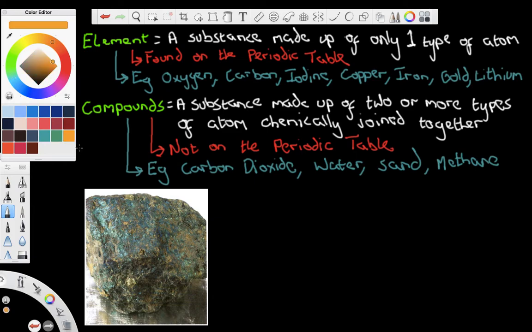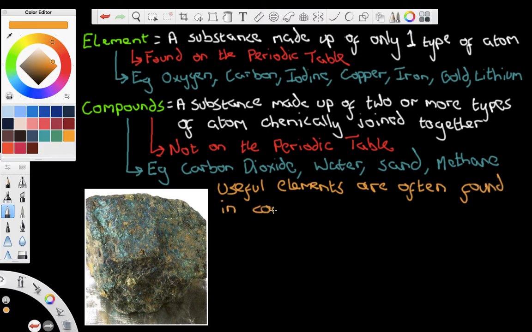So we can say that useful elements are often found in compounds. Okay?